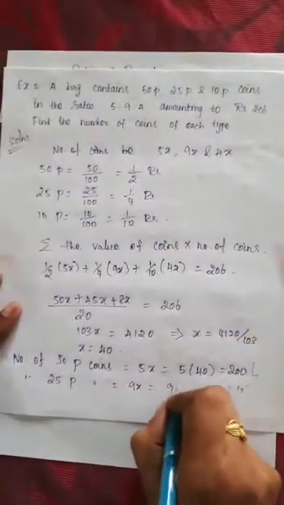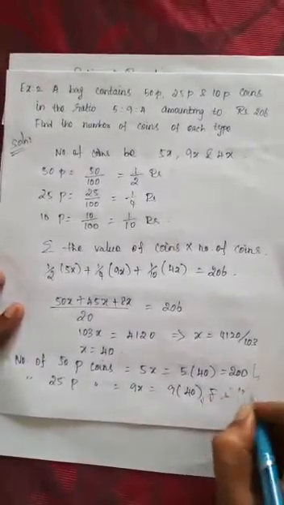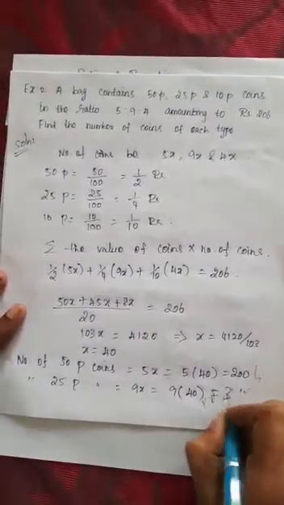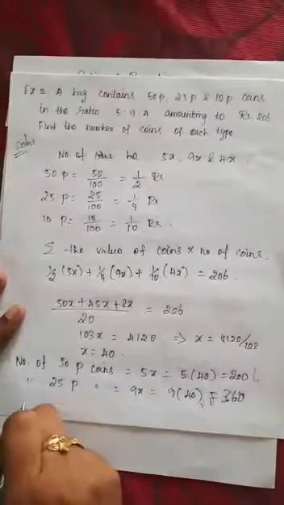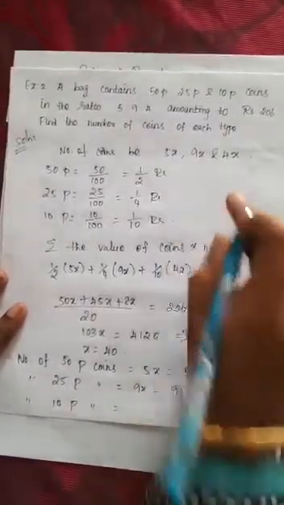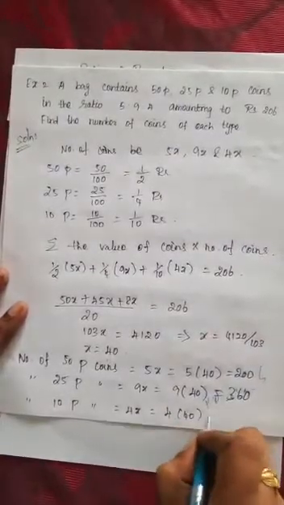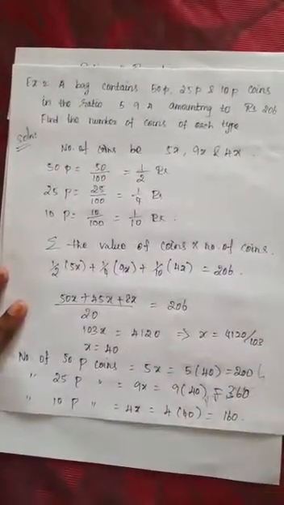So 9 into 40 is equal to 360. And the number of 10 paise coins is equal to 4x. So 4 into 40 is equal to 160.